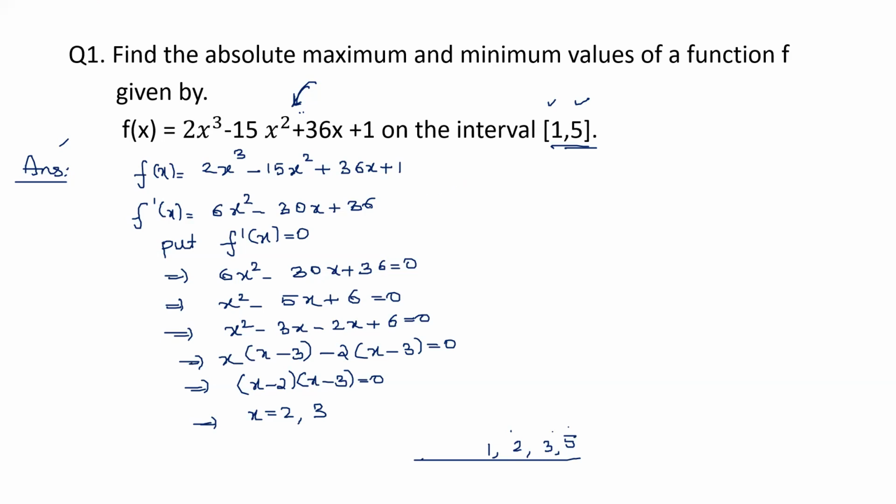Abdur, for 1, you are getting 24. That's correct. For 2, no, Abdur. For 2, you will get 29. Please check the calculation again.